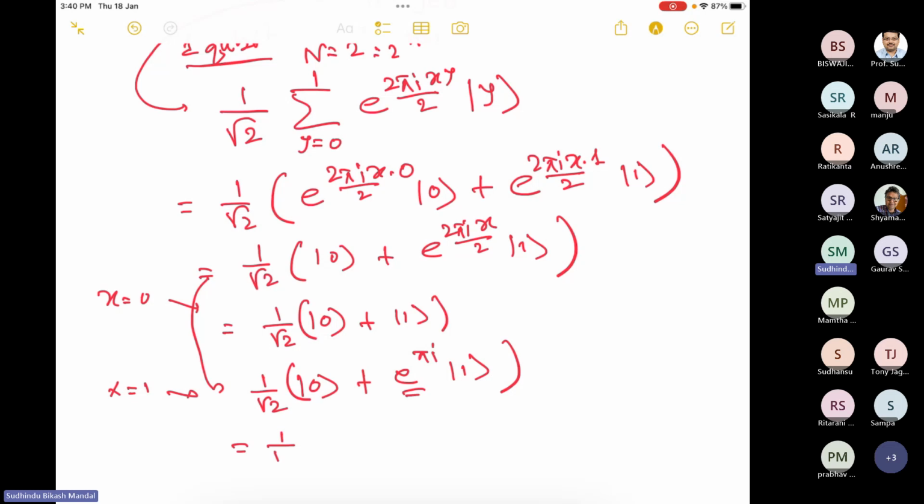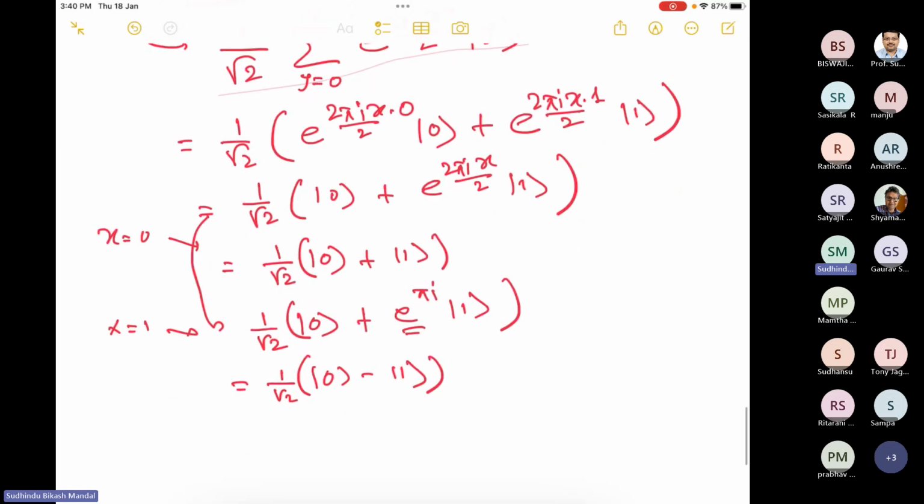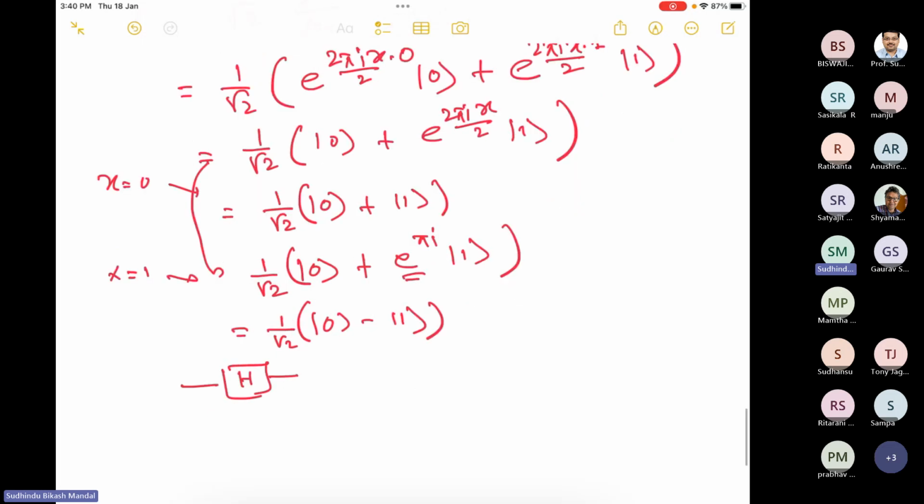Very easily, 1 by root 2 (|0> minus |1>). So the 1 qubit Fourier transform is very easy. It is nothing but a Hadamard gate. If we want to design a 1 qubit Fourier transform circuit, it will be only a Hadamard gate.